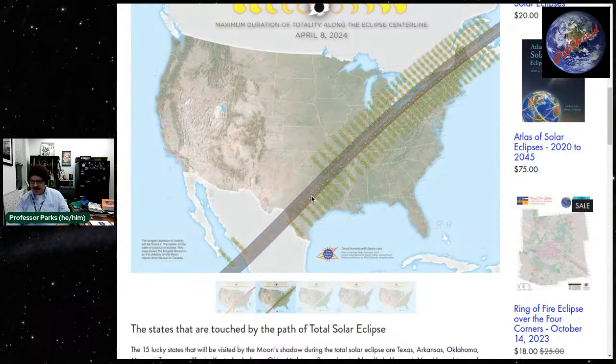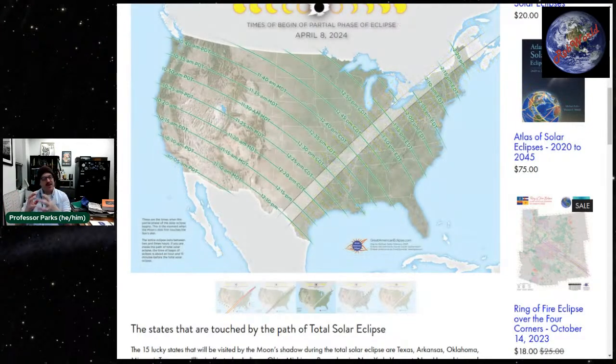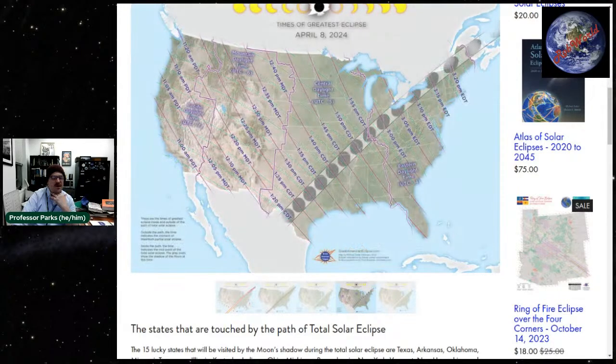This GIF is showing a very good representation of how much totality you will see in a certain portion. If you're outside of this band, you will see partial phases. You will see the solar eclipse as some fraction of it, 80%, 70%, and so on.